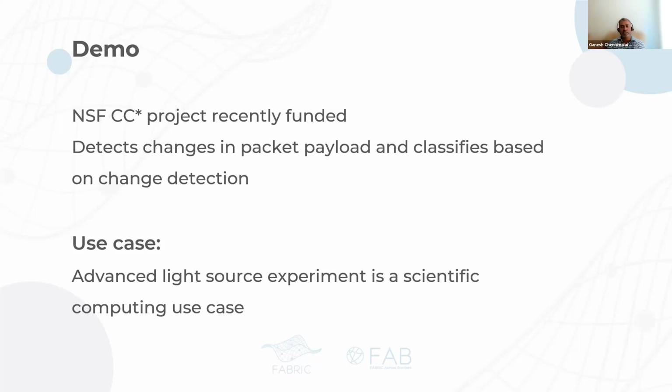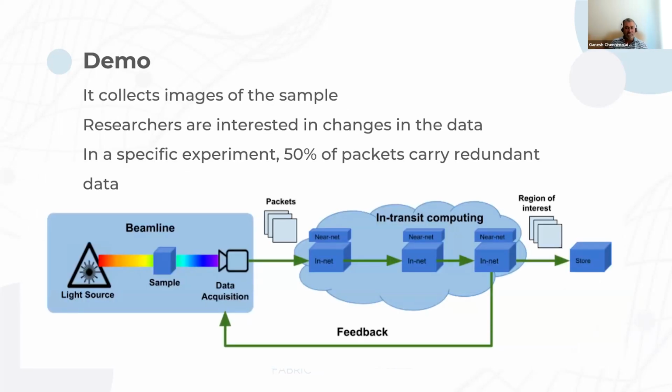But if there is no change, then we can drop that payload or the packet itself. This is a particular use case which involves an advanced light source experiment, and it's a scientific computing use case.